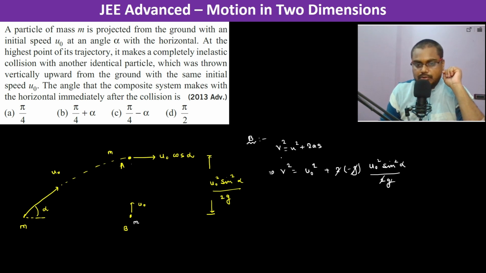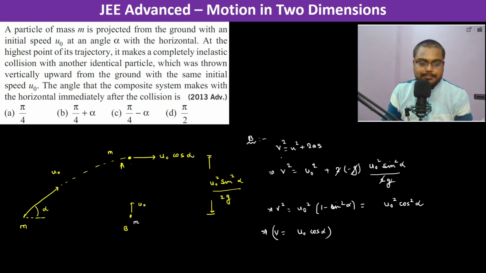So v square is u naught square times 1 minus sin square alpha, which is u naught square cos square alpha. Therefore v becomes u naught cos alpha.